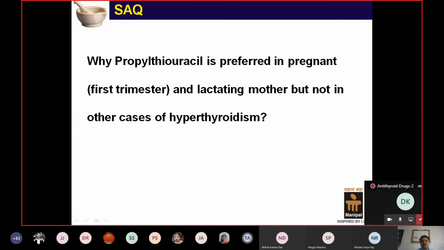What is the reason, and why do we prefer it in pregnant and lactating mothers? I hope we have already discussed the answer in class. Please do that as an assignment, and submit it when you come.